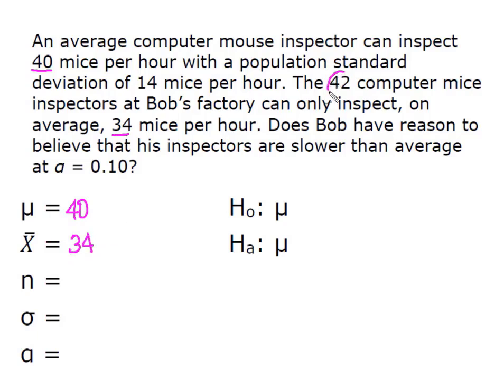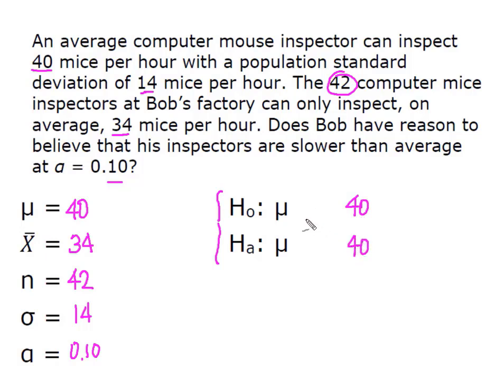We had a sample of 42 inspectors, and we were given a population standard deviation of 14 per hour, and we're going to test at an alpha of 0.10. So we're going to set up our null and alternative hypothesis. We know that the hypothesized value of the mean is currently 40 mice per hour.